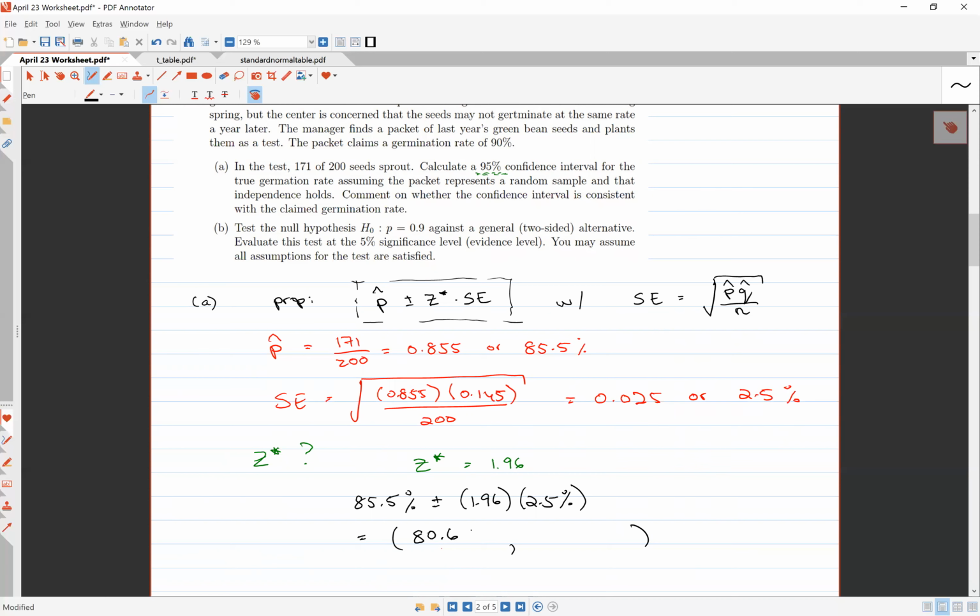This ranges from 80.6% to 90.4%. And so the question concludes with asking, is this confidence interval consistent with the claimed germination rate? And the answer would be yes. The confidence interval contains 90% as a possible germination rate.